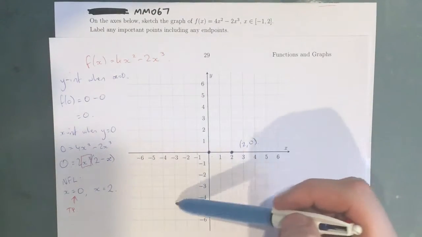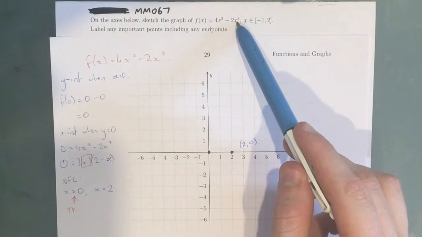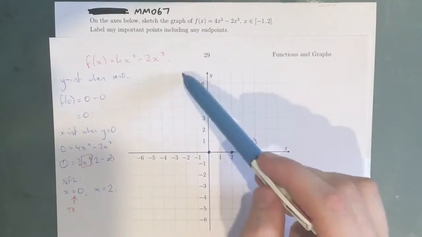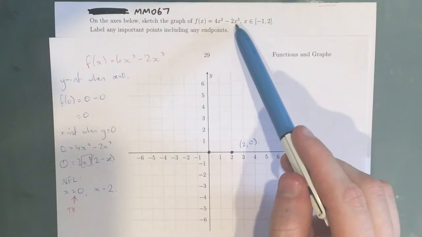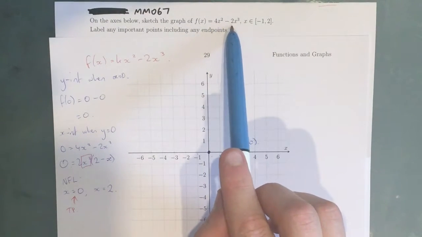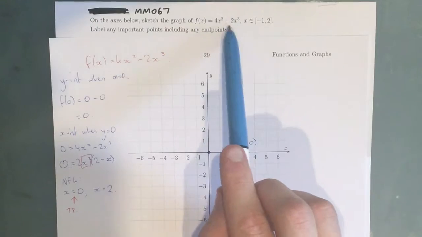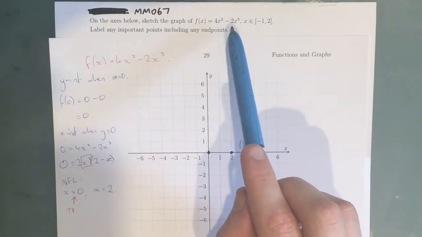If it's positive, it's going to come up like this and continue up. Because it's negative here, the coefficient of x cubed, it's going to come down. And just be careful, because some students may get caught with this part, because usually the cubed term comes first, but because the squared term is first, that's not the coefficient we need to use. It's the one in front of the cube that we need to recognize.